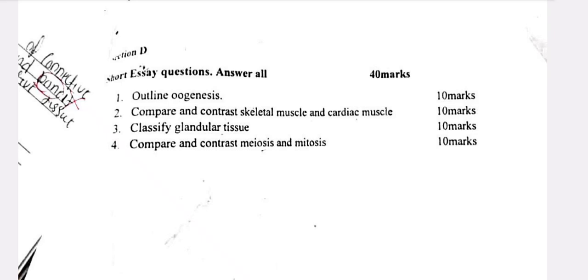For you to convert the oogonia into primary oocytes, you've initiated meiosis, specifically meiosis 1. Actually, in meiosis 1, where you're converting oogonia to primary oocytes, you also form the first polar body.